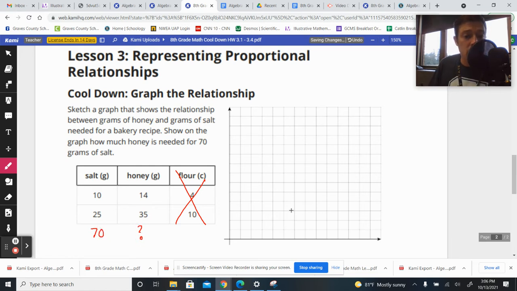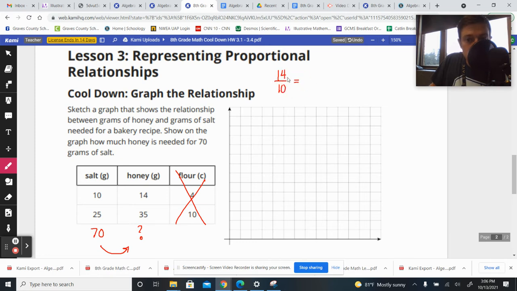The first thing we need to do to find that question mark is calculate our constant of proportionality. So we need to know what we need to multiply by 70 to get to the question mark. To find that, we need to divide either 14 and 10 or 35 and 25. I like dividing by 10 because 14 divided by 10 is really simple.